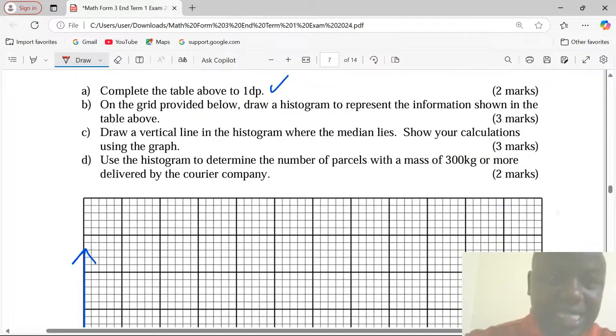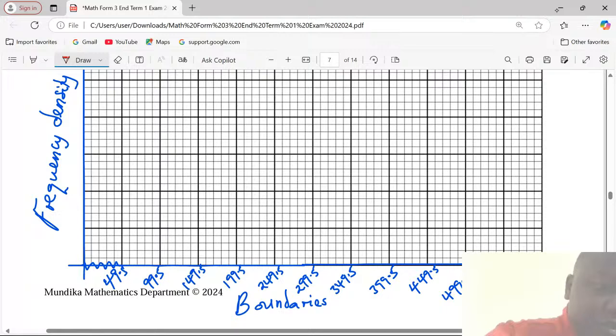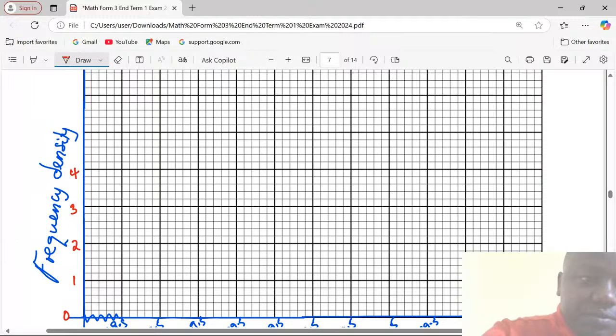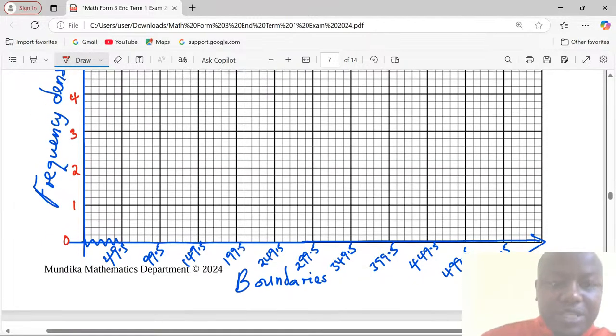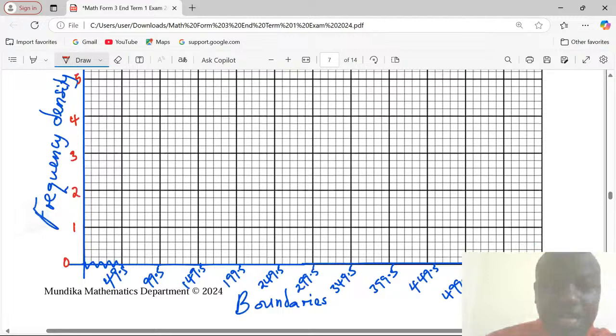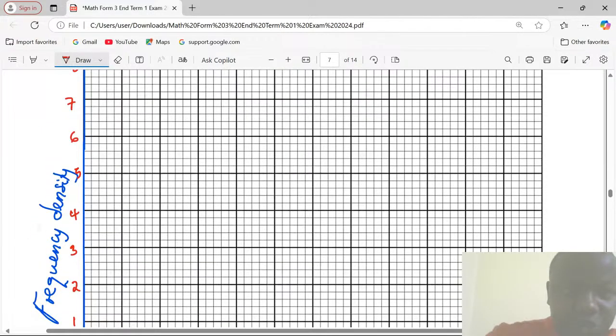Or let me first indicate the frequency densities, whereby I can use intervals of 1 in this case. 1, 2, 3, 4, 5, 6, 7, 8.